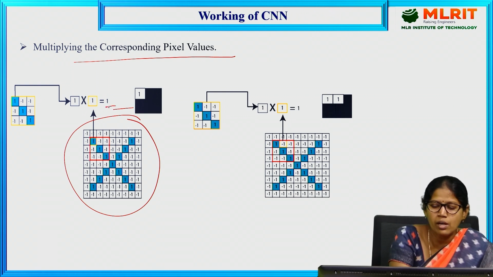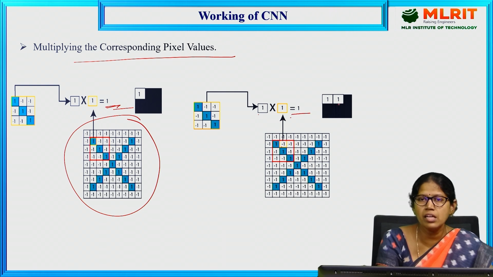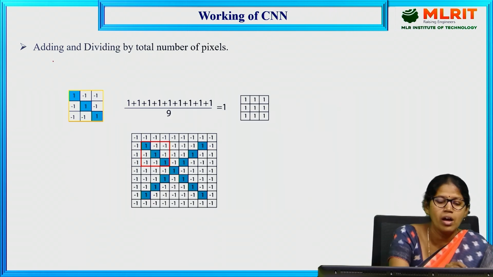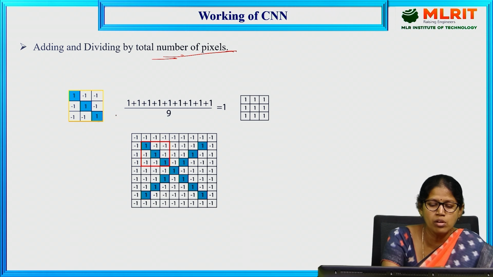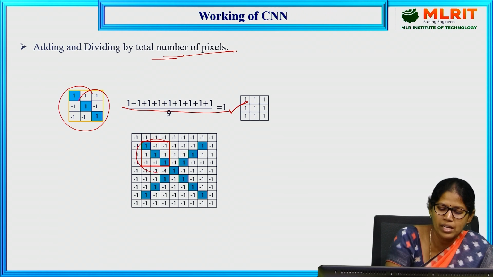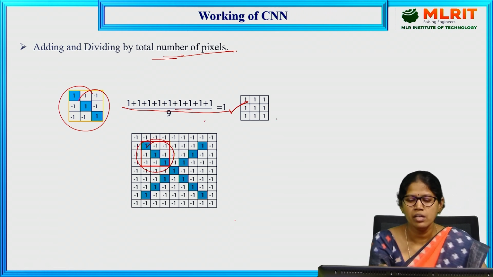Then we'll get the 1. The next, -1 into 1, again we'll get the 1. So after adding, we divide by the total number of pixels. So here we'll get the 1 value. So total 9 numbers we get after multiplying and adding, 9 values divided by 9.